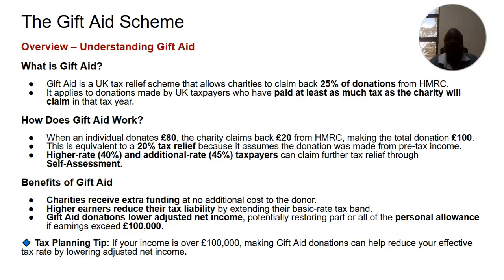Higher earners reduce their tax liability by extending their basic rate tax band. Gift aid donations lower adjusted net income, potentially restoring part or all of the personal allowance if earnings exceed 100,000.